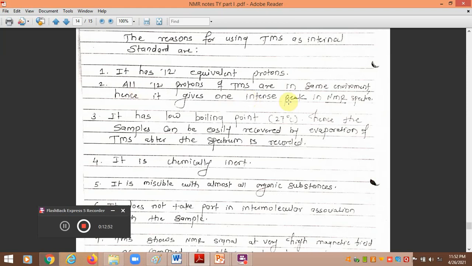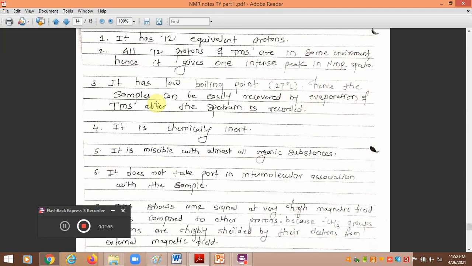Again, it has a low boiling point, 27 degrees Celsius, so it is available in the liquid state at room temperature. So samples can be recovered by evaporation of tetramethylsilane after the spectrum is recorded. Definitely at room temperature, its boiling point is 27 degrees, so it will be easily evaporated, and the sample can be recovered very easily.